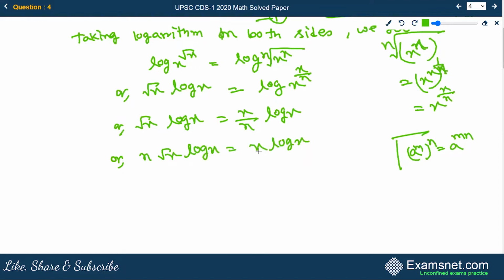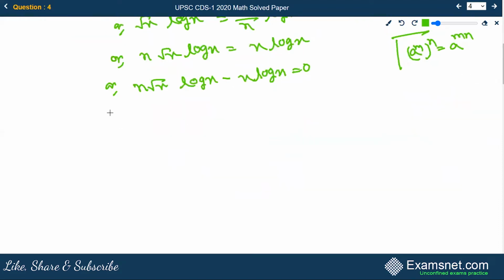Now shift this x log x to the left hand side and make the RHS completely 0. It becomes n root x log x minus x log x equals 0. If I now take root x log x common, it will be root x log x times (n minus root x) equals 0.